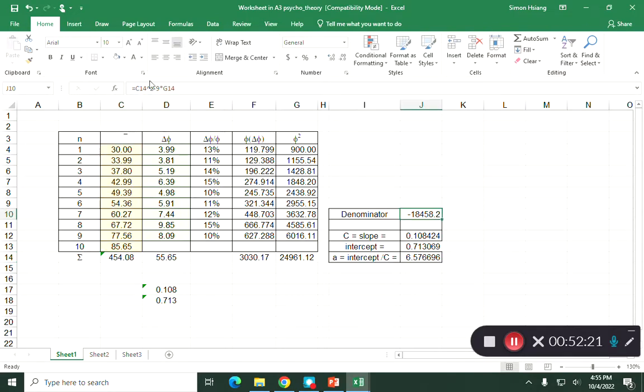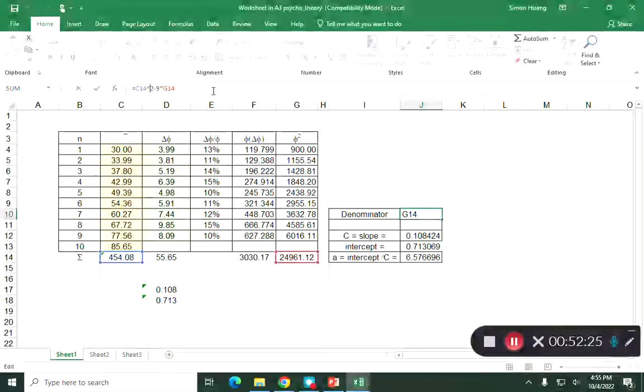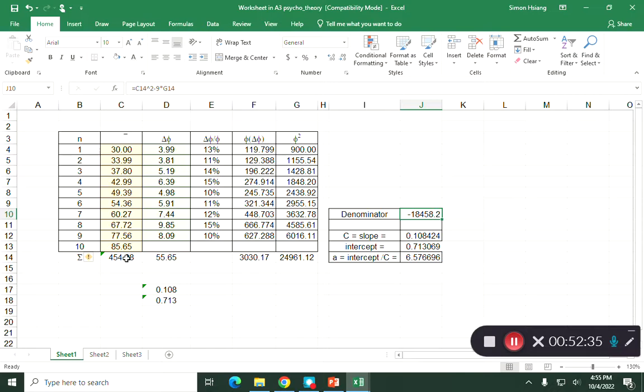So this thing is equal to the summation of phi squared divided by n times phi. And please pay attention here.